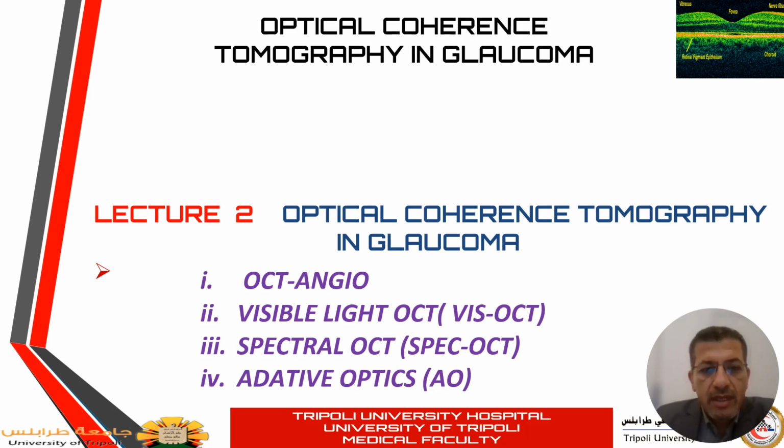Now, we will concentrate in this lecture mainly on OCT angiography, as it is a recently emerging technology and it has wide applications in the field of ophthalmology and in other branches. But we will concentrate mainly on its application in glaucoma, as I said, in the early detection, diagnosis, and following the progression and establishing progression-guided analysis. We will start with the first slide.